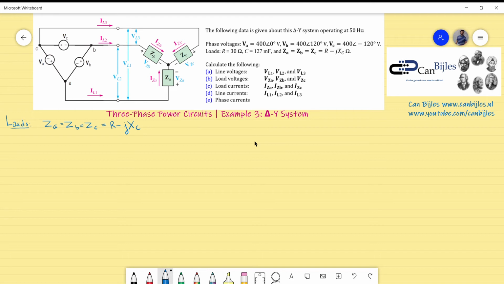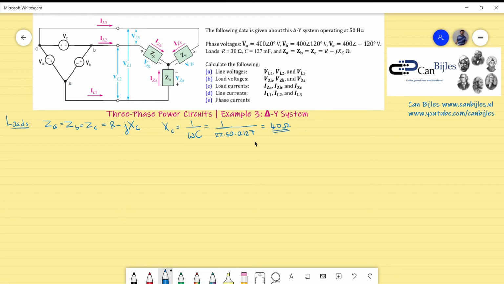So what is XC? XC is equal to 1 over omega times C. And omega is 2 pi times the frequency, so we have 2 pi times 50 times 0.127. These are all given. If you calculate this, you will get very close to 40 ohms.